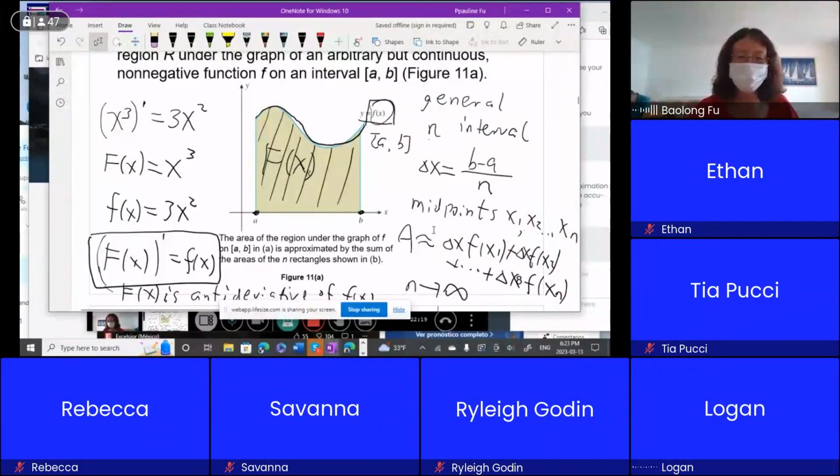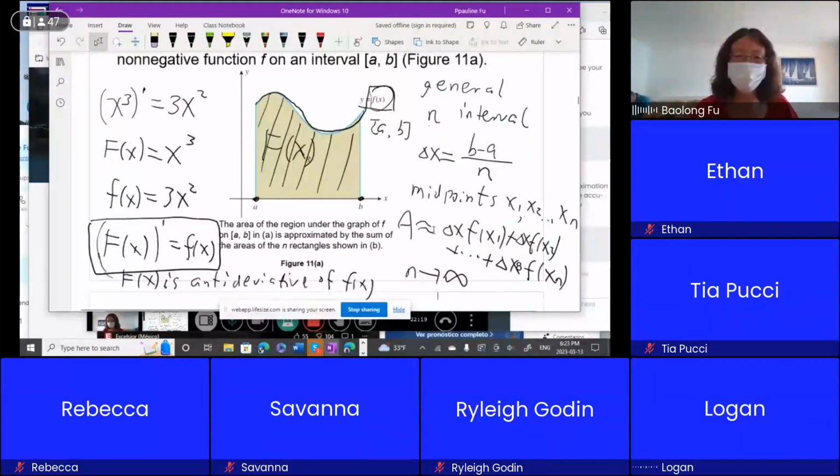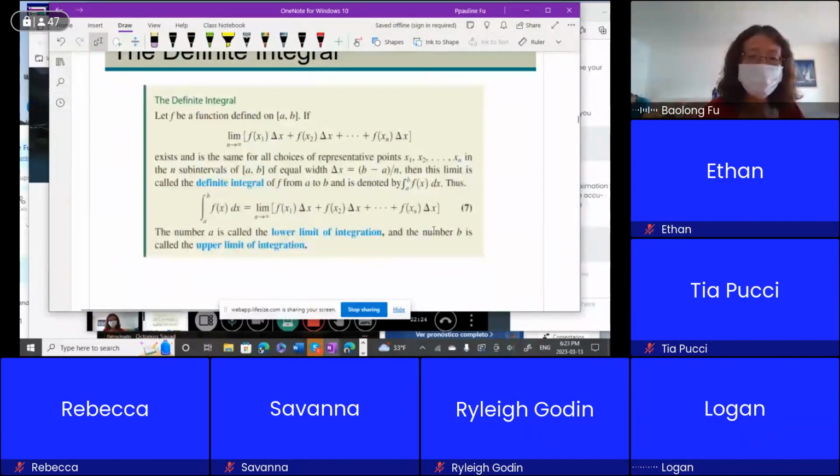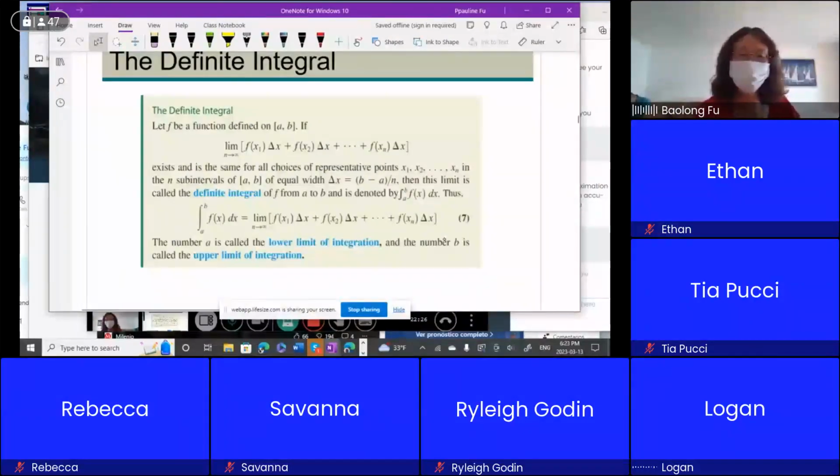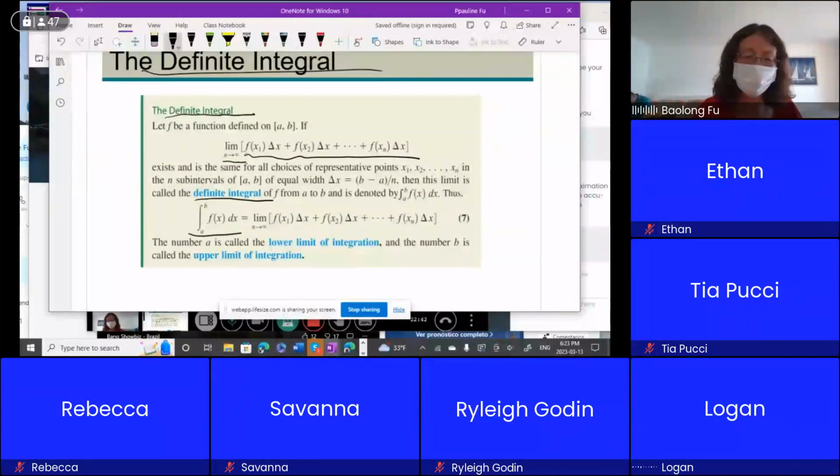And this is the definition on this slide, the definition of the definite integral. If n goes to infinity, this limit is the definite integral, that is the exact area. We use this symbol here: integral from a to b, f(x) dx.